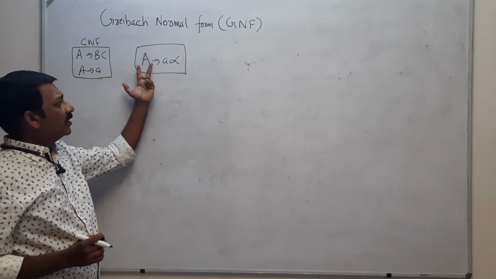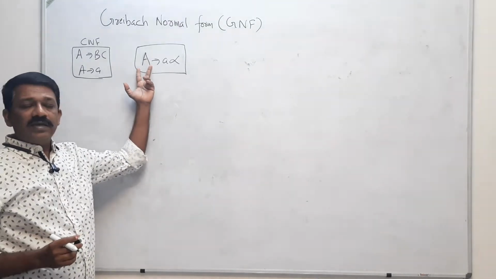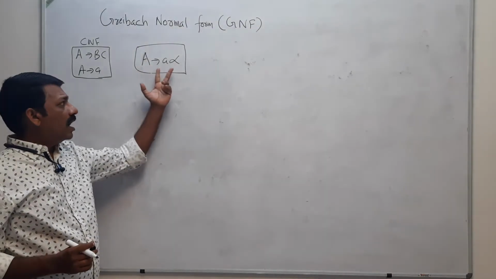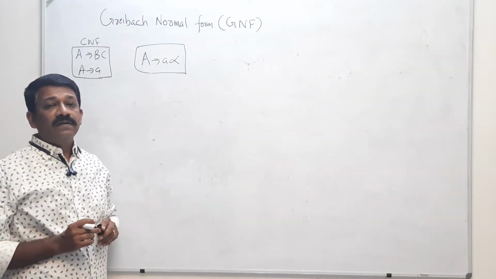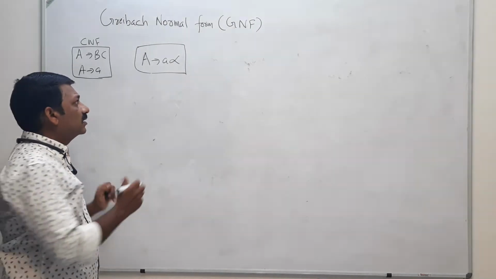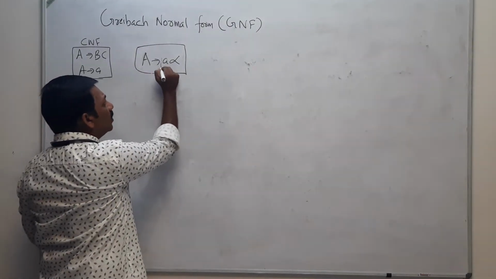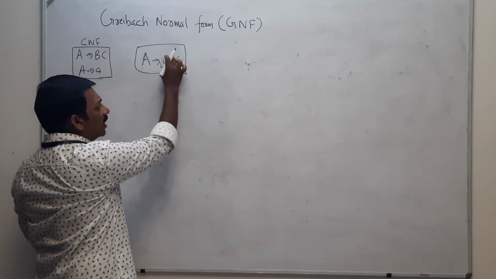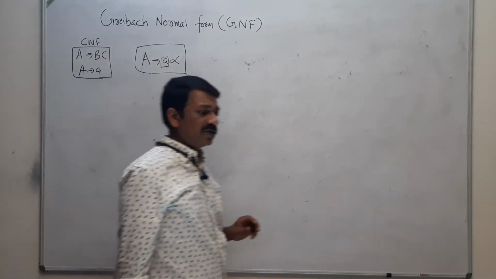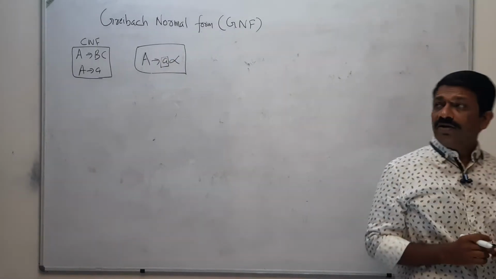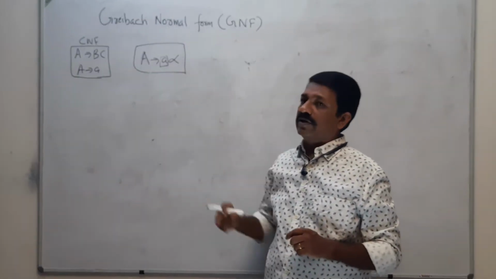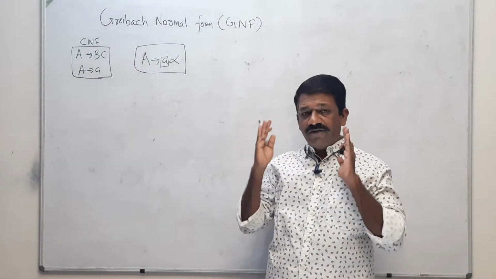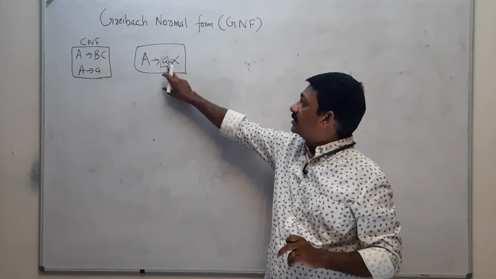That means the left-hand side of the expression is a single non-terminal, and the right-hand side should start with a terminal. That is, here A derives small a alpha means the right-hand side of every production should start with a single terminal.